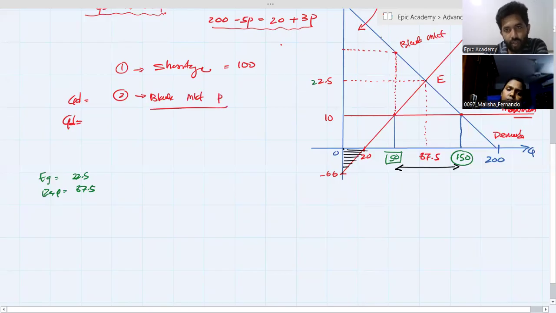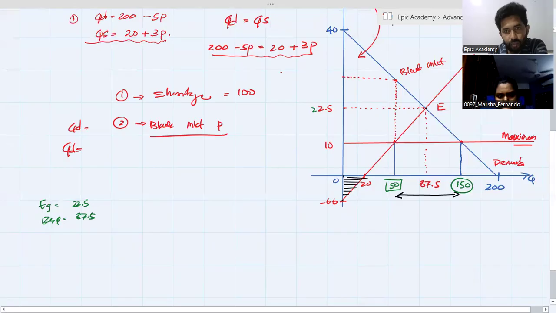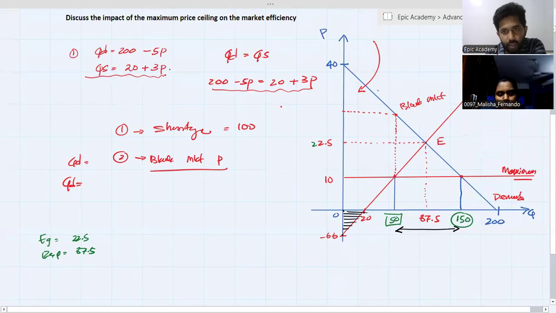Just look at the graph. This is the demand curve, the demand equation. This demand equation is crossed by the 50 amount, and we don't have any idea about the price.